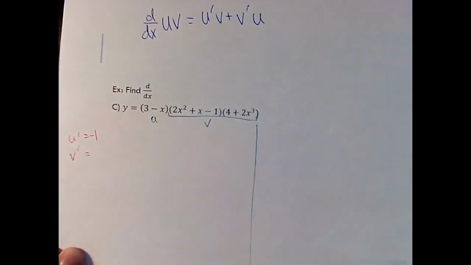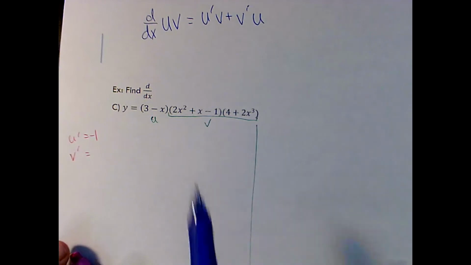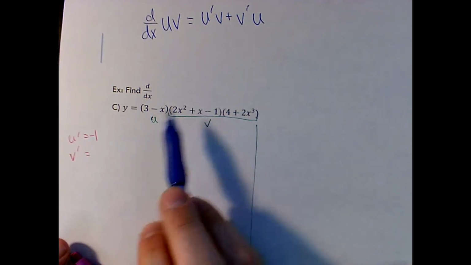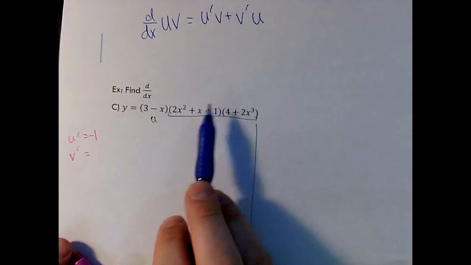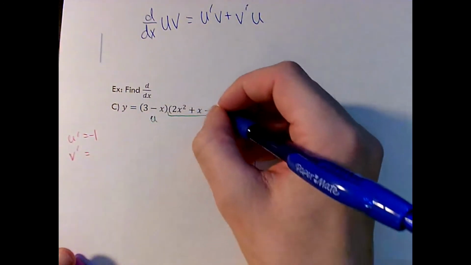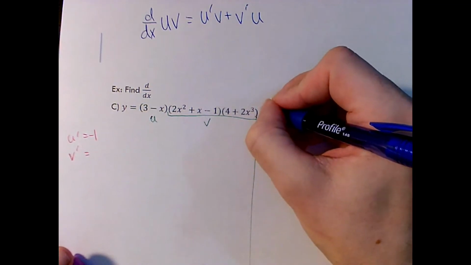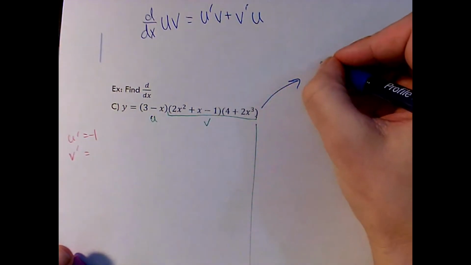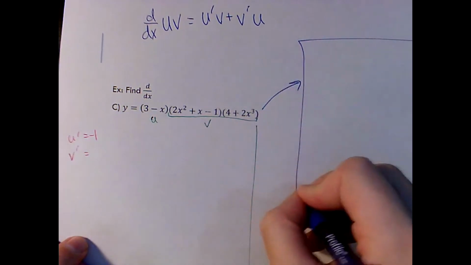V prime is going to be that times that. So don't I need to use the product rule for that times that? I sure do. So V prime involves me coming off to the side here, hopefully there's enough space.